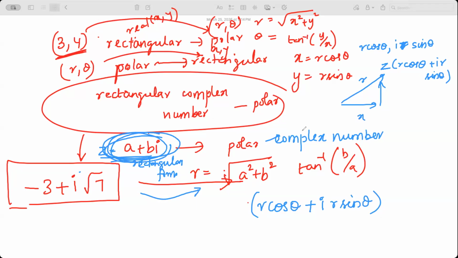Similarly, the way we represent a complex number in polar form is slightly different, and it is represented like this. So after finding r and theta, you'll have to substitute into this and write down your polar form. Can we try, guys? I can as well try. So what is r value for this one? What is r value for minus 3 plus I root 7?